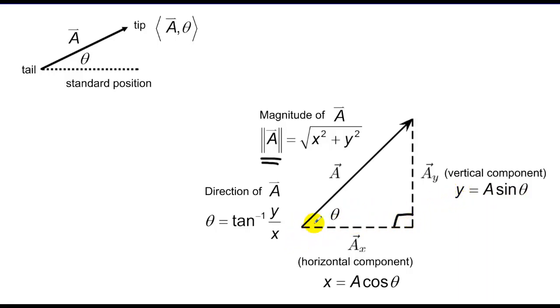And its x value, or x component as we call it, the horizontal component, is given by the magnitude times the cosine of theta, which again, x equals r cosine theta, is just a conversion from polar to rectangular. If we want the angle itself, that angle is the inverse tangent of y over x, which we already did in our conversions. So really nothing new, just different terminologies.